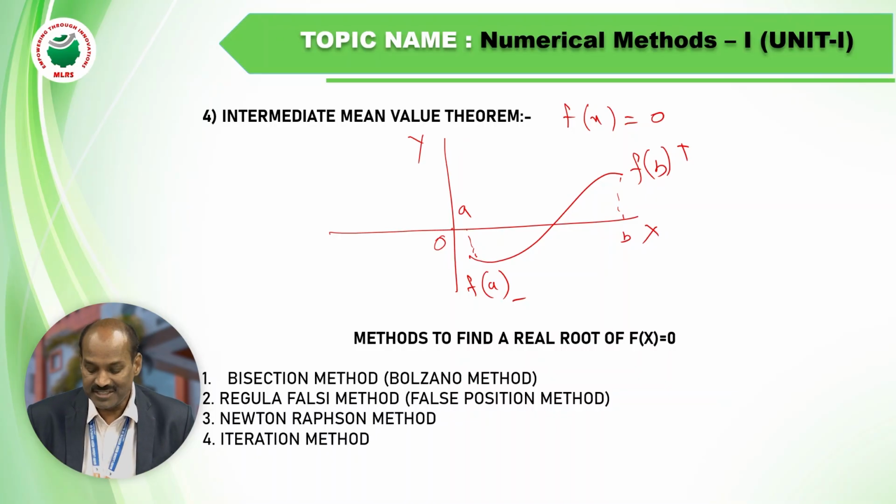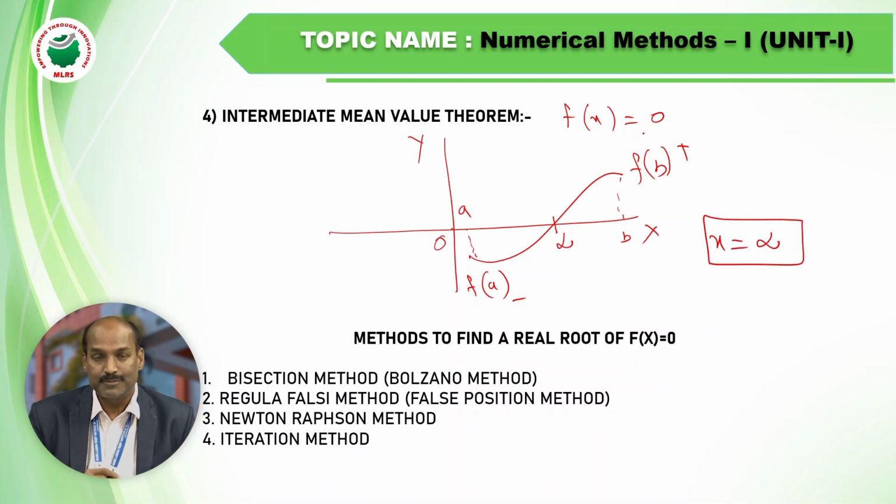For example, f of a is negative and f of b is positive. Then there exists at least one root between a and b. You see here, between a and b, the graph crosses at alpha. Therefore, x is equal to alpha is the root of the given equation as per the geometric definition.